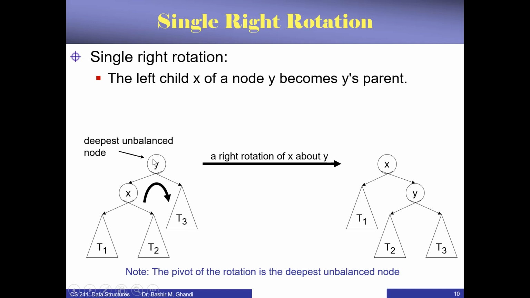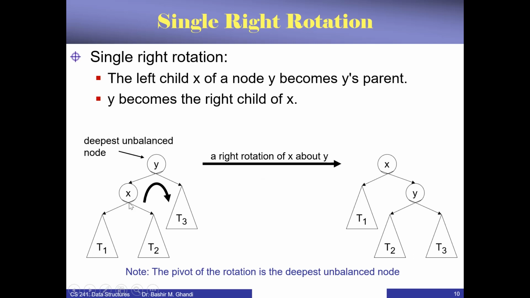The left child x of y comes up and becomes the parent, and y goes down and becomes the right child of x, as you can see here.